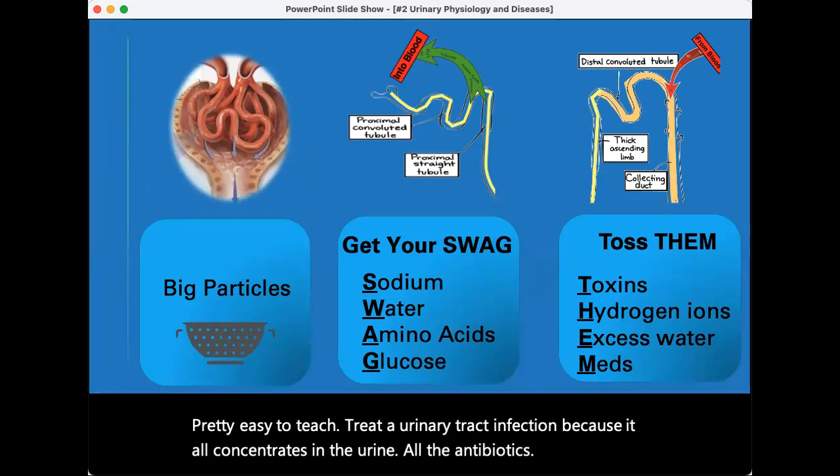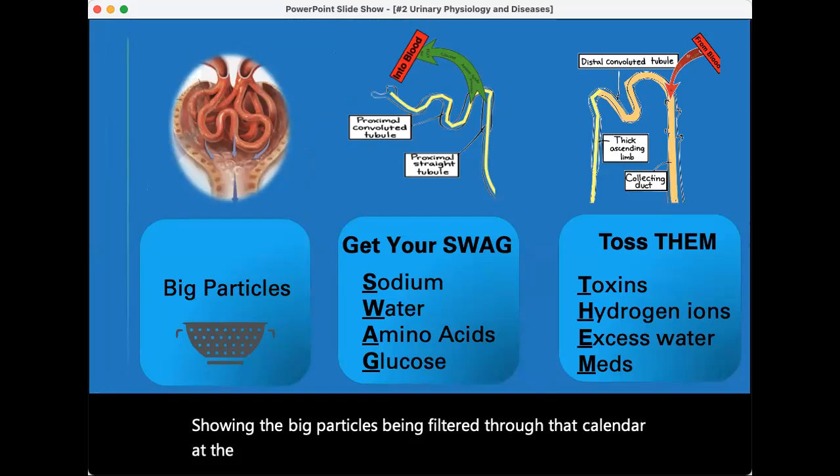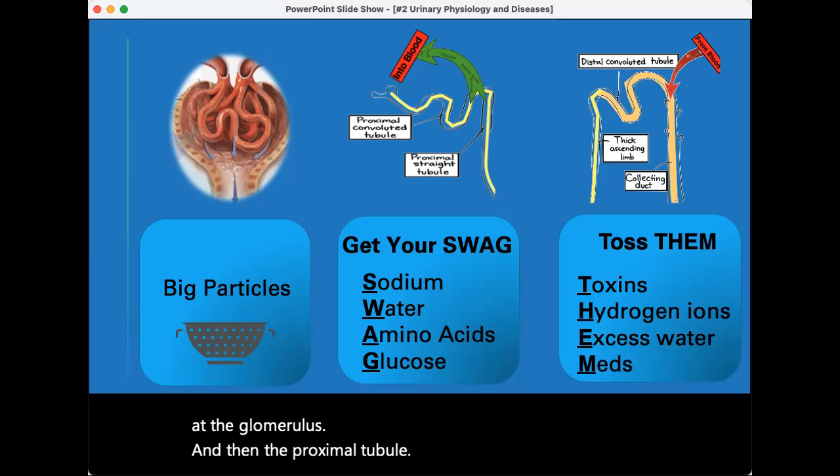So this is the nephron, showing the big particles being filtered through that colander at the glomerulus. And then the proximal tubule getting your swag back. I just moved these words around to make the word swag, or sodium, water, amino acids, and glucose.